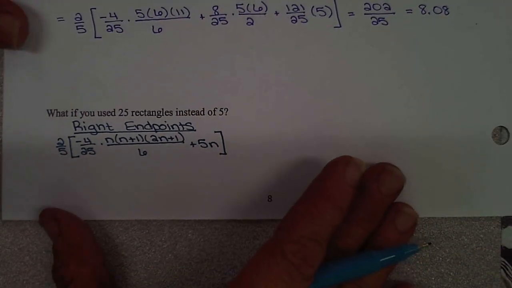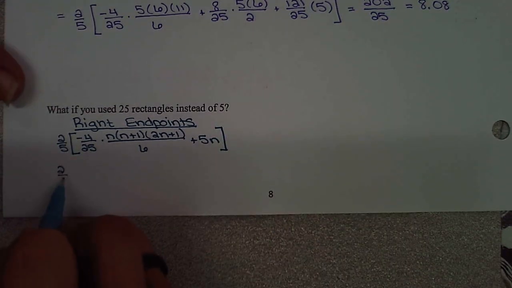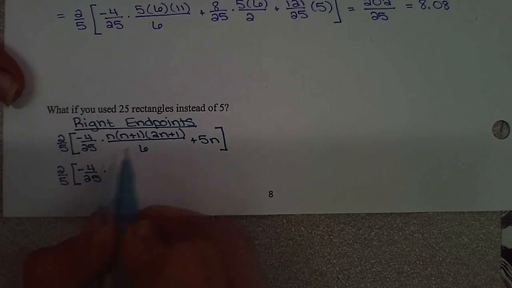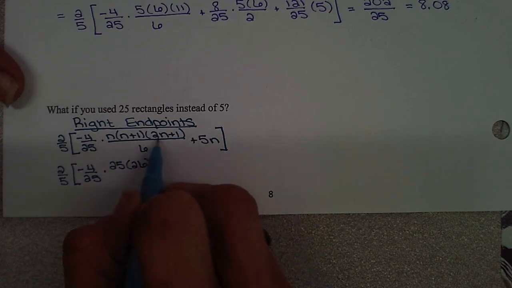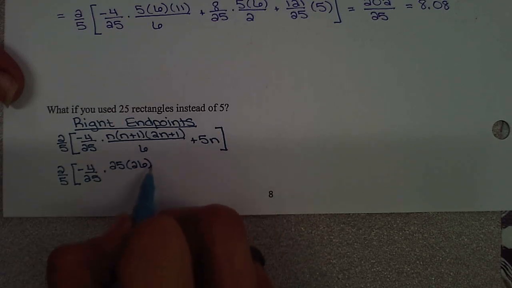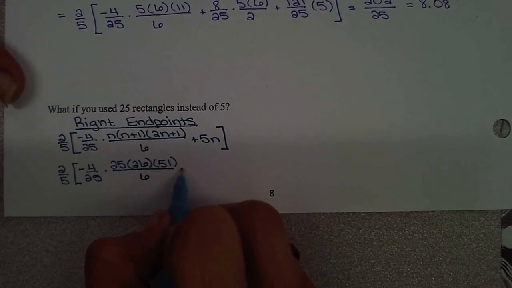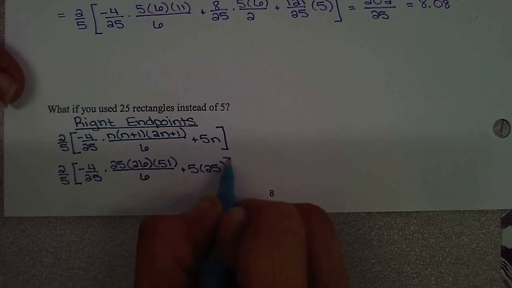So if we plug in 25 for all of our n's, we're going to get 2/5 times negative 4/25 times, that's going to be a 25. One more is going to make 26. Double 25 plus 1 is going to make a 51, all over 6, and then plus 5 times 25.